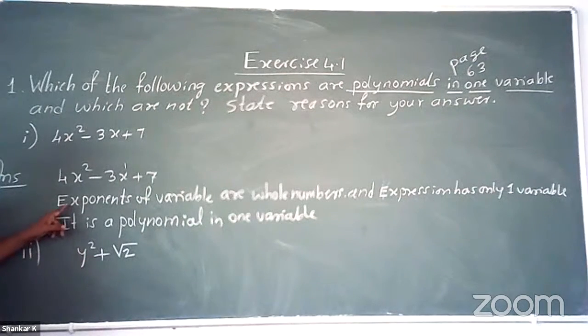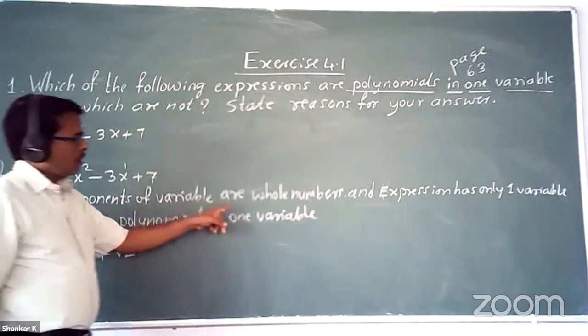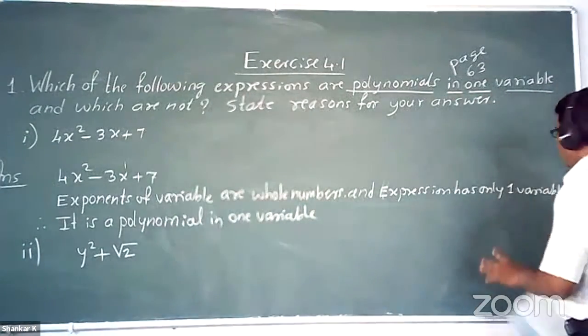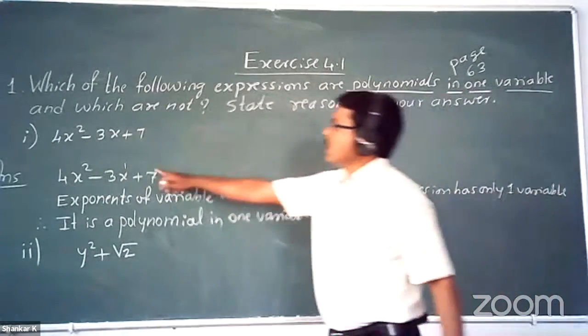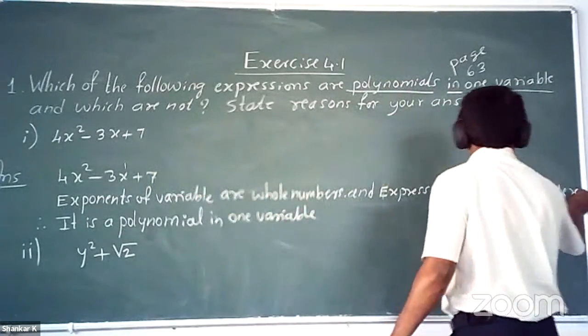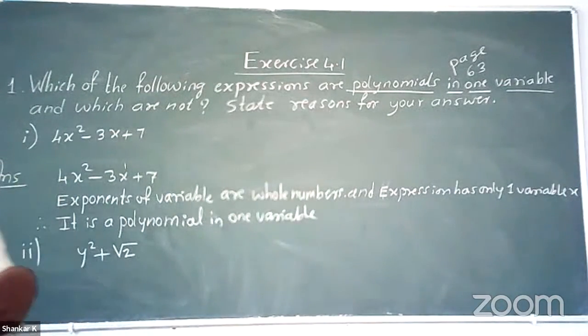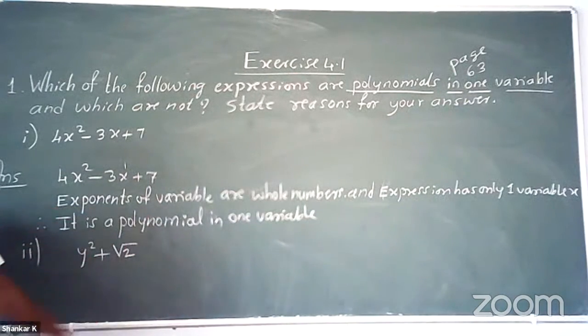Only y is there. So how to write? Exponents of variable are whole numbers, and the expression has only one variable y. Next question. You write this.